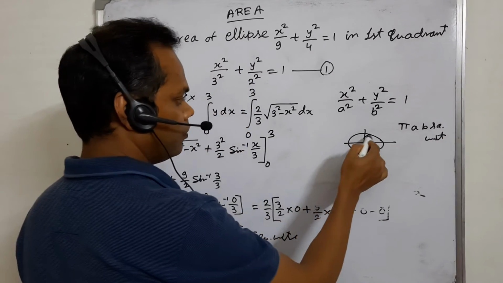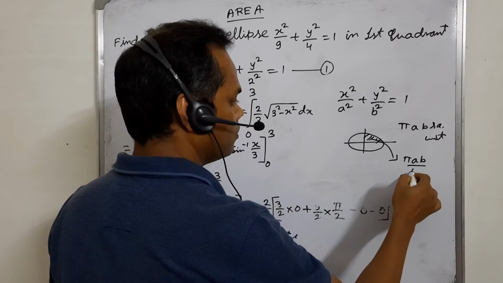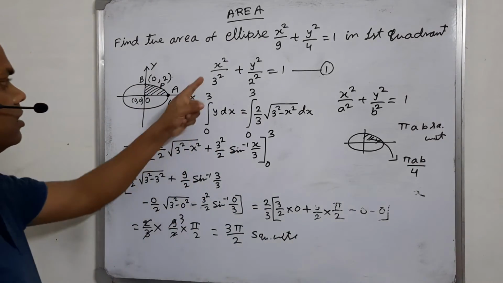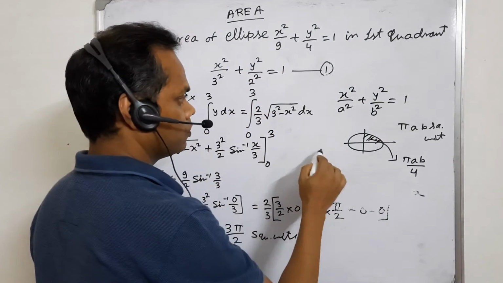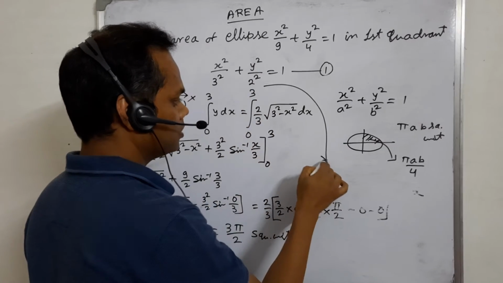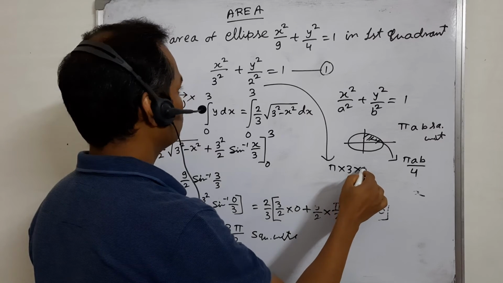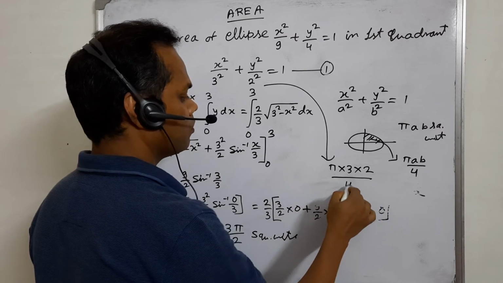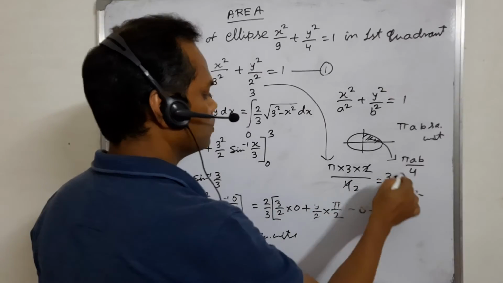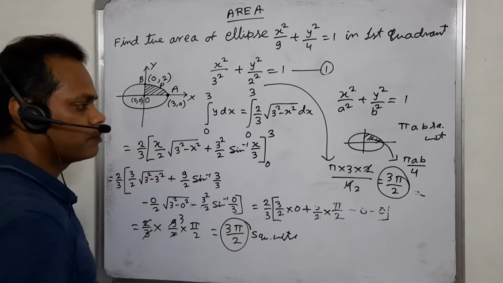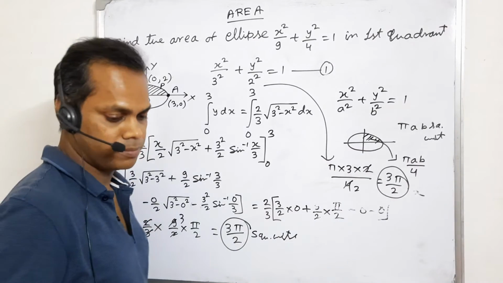And for the first quadrant, this becomes pi ab by 4. Here a is 3 and b is 2. So for this ellipse, this becomes pi into 3 into 2 by 4. By cancellation, this becomes 3 pi by 2. Now this answer and this answer are the same. We can also use this, but this is only for MCQ type.